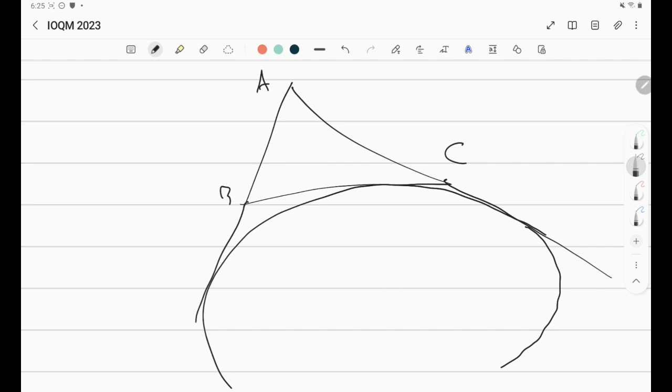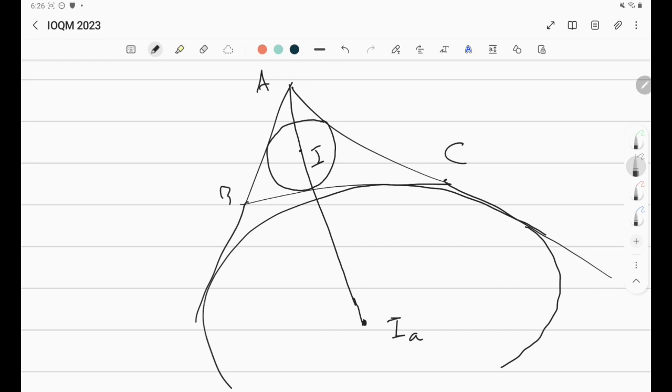Very good. The nice thing about it is that we can actually create an identity here, or a relation between R_A and the sides of the triangle. What is it exactly? Well, as you know, the centers of these circles: this one is I, the incenter, and this one is I_A.